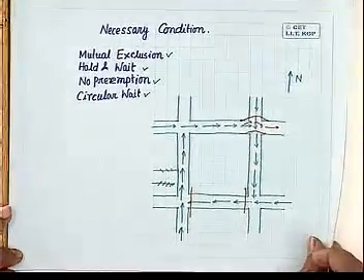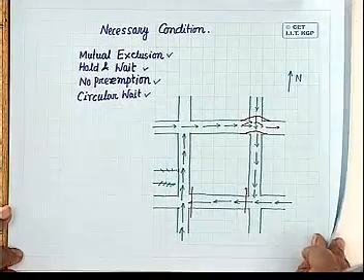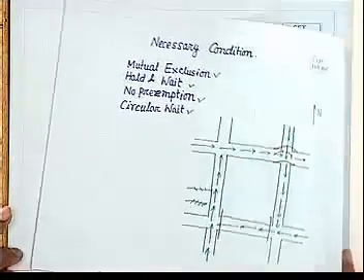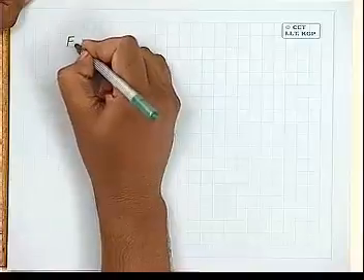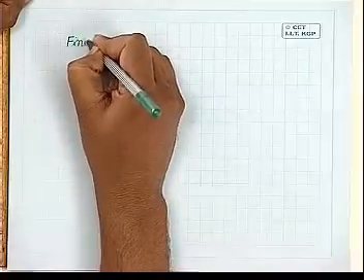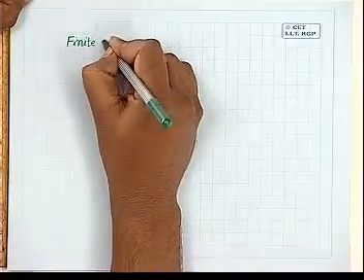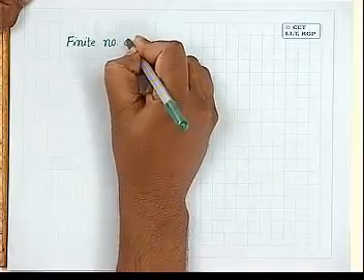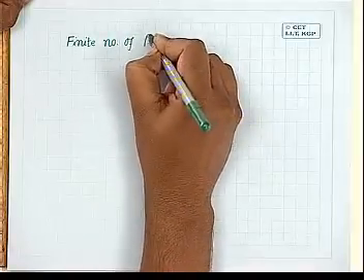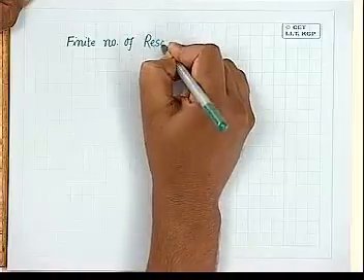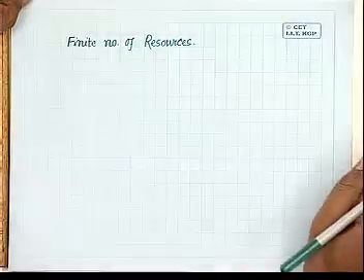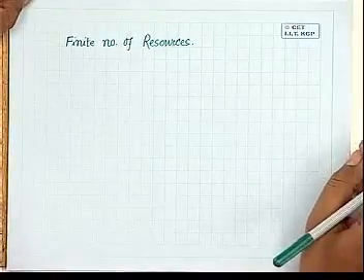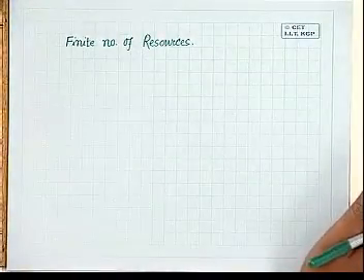Now for this deadlock discussion, we'll assume that our system consists of a finite number of resources. We'll also assume that the resources can be grouped into various types.